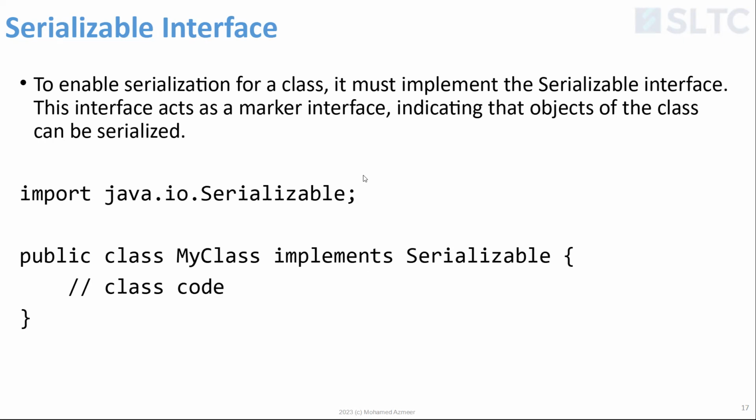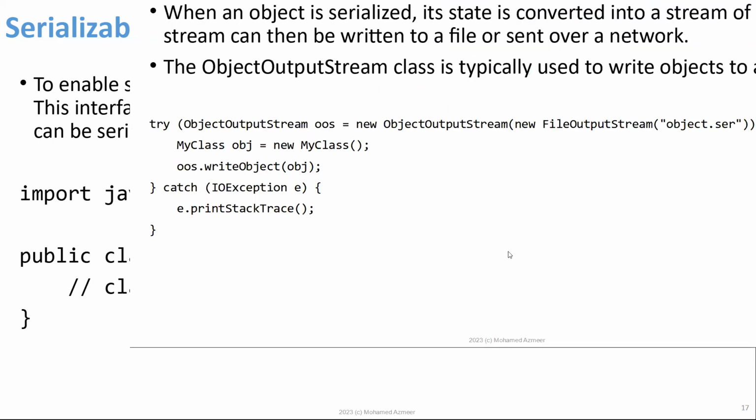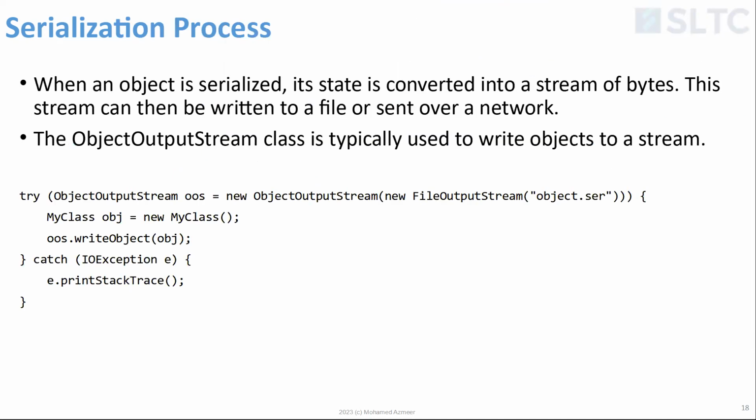This is an interface, right? So public class MyClass implements Serializable. So Serializable is an interface that we are using within MyClass. Once you do that, you can basically convert any object to something serializable and store that in the hard disk, right?